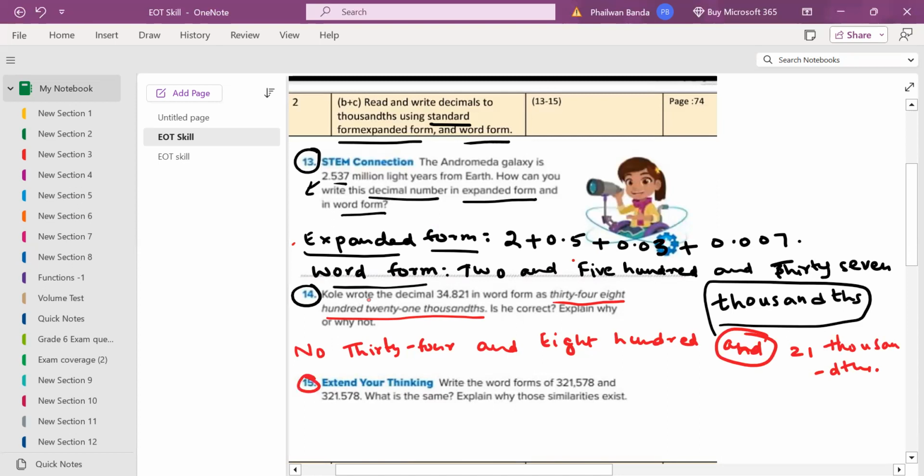Question number 15. Write the word form of 321,578. 321, comma 578. So how will you write the word form? He's asking you to write the word form.